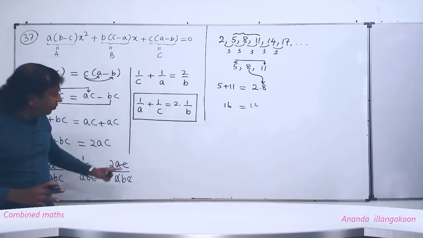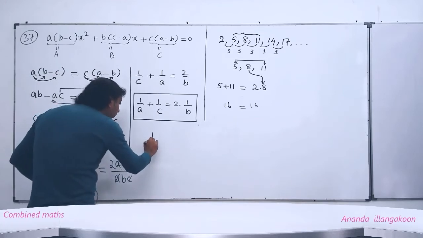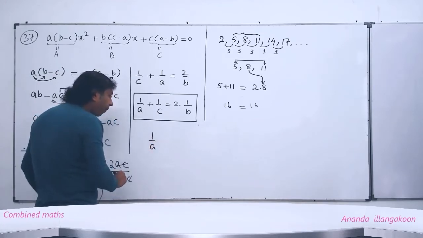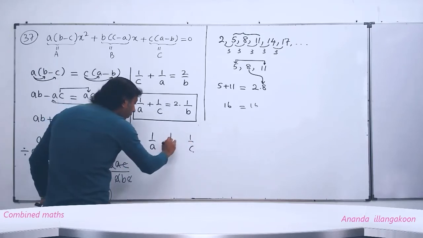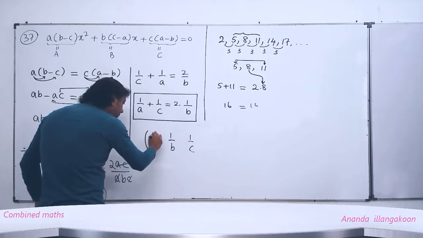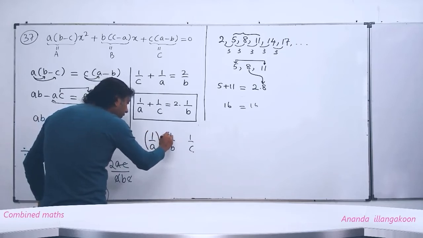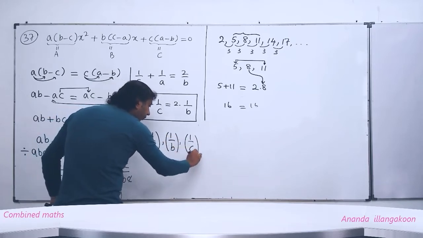Now, people, a similar result we have here. If I consider 1 upon A, 1 upon C and 1 upon B. This is our first term, this is our second term, this is our third term.